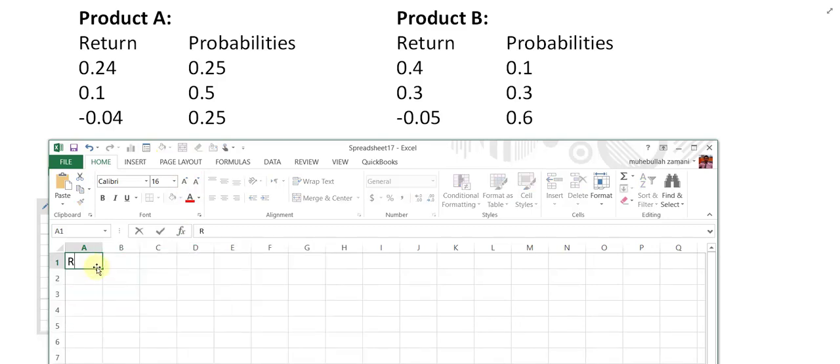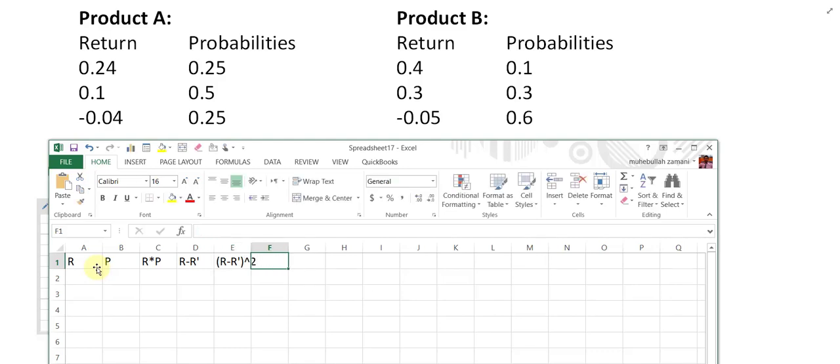Once again, one column for R, one column for P, the next column for R into P, next column for R minus R bar, next column for R minus R bar, but of course to the power of 2.